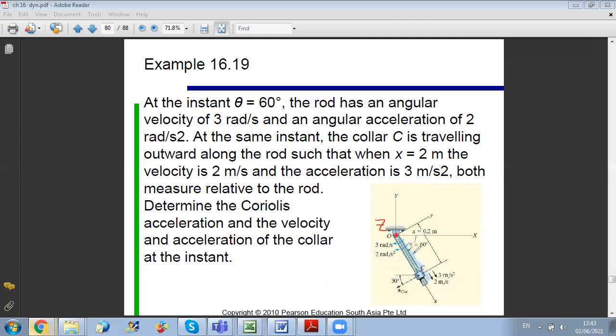Now for small x, small y, small z, I will take the frame fixed to the rod. For convenience, to simplify calculations, I will take the i-axis along the rod. So the small i vector will be along the rod, and the small j vector will be perpendicular to the rod. So this is small i, and this is small j.